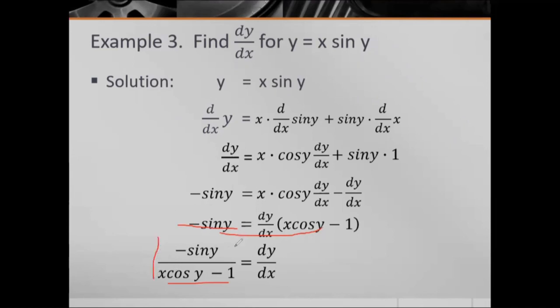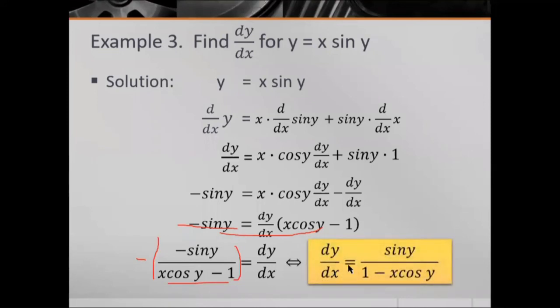Pwede yan. So, pwede siyang maging dy over dx is equals to positive sin y over 1 minus x cosine y, kasi negative of negative sign ay positive. And that's it. Meron tayong sagot. Okay?